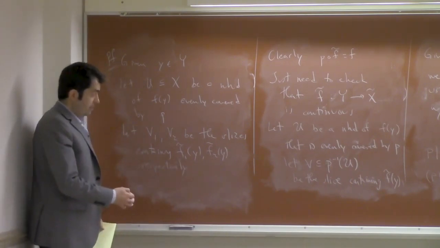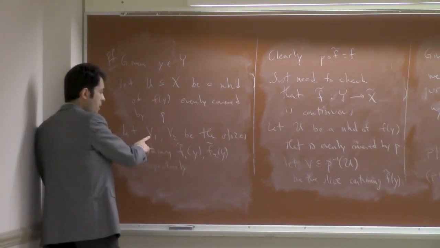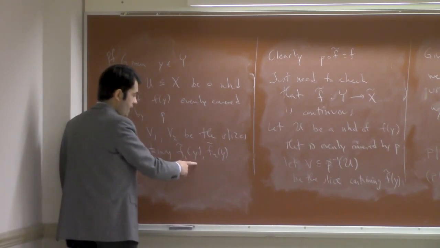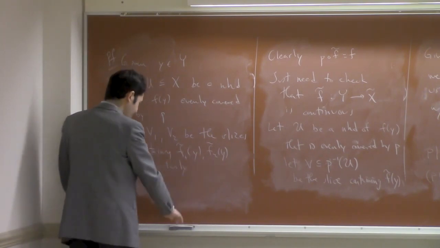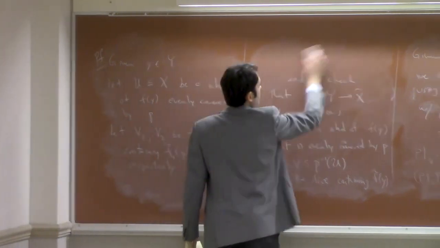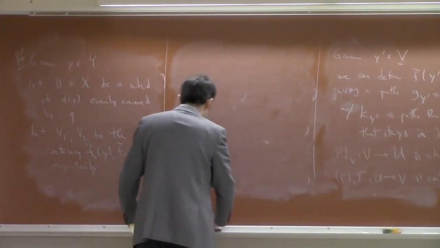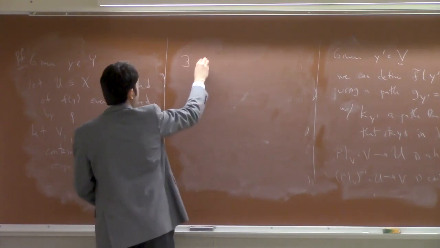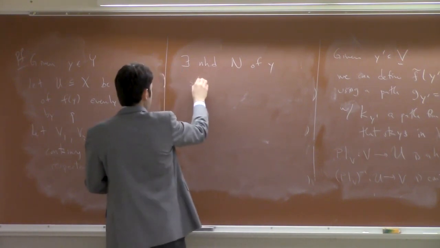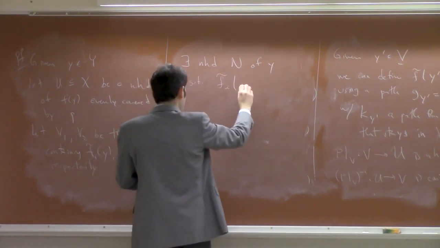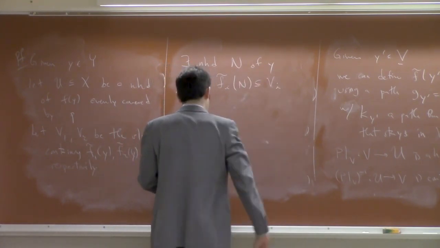By continuity, if f1 tilde is mapping y into V1, then there is some open neighborhood of y that gets mapped to V1 by f1 tilde. And similarly for f2 tilde. Taking the intersection of those neighborhoods, we can find a neighborhood N of y such that fi tilde of N sits inside Vi.